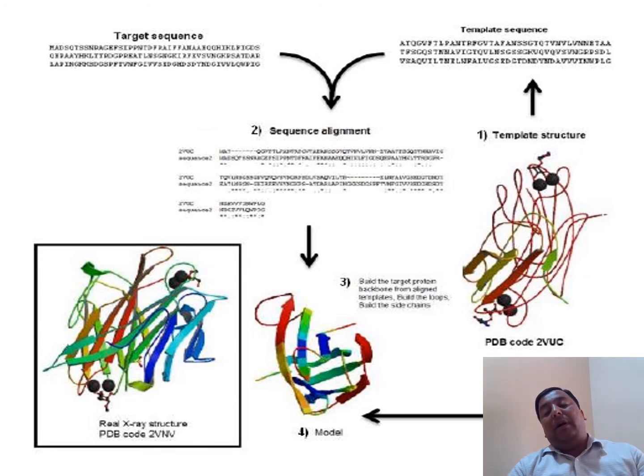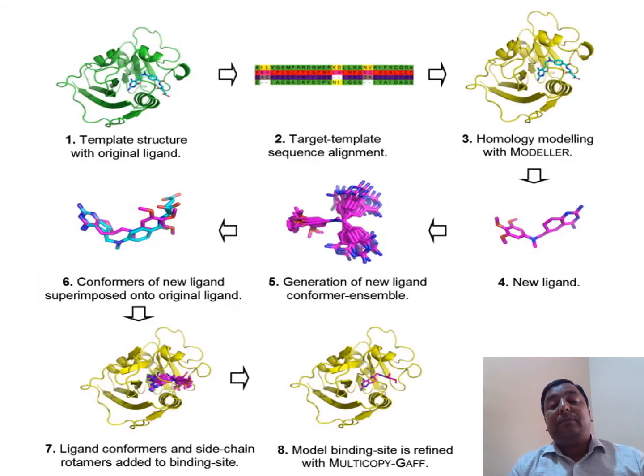If any structure has cofactors and ligands, and we know the ligand binding sites and the cofactor binding sites, then those same binding sites may be the possible binding sites for our newly generated structures.